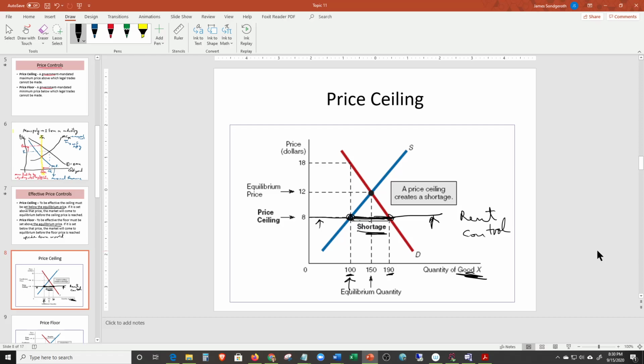But some really interesting studies have been made about rent control in New York City, in Amsterdam, in various European countries, along the West Coast, in Berkeley, Santa Monica, other places.